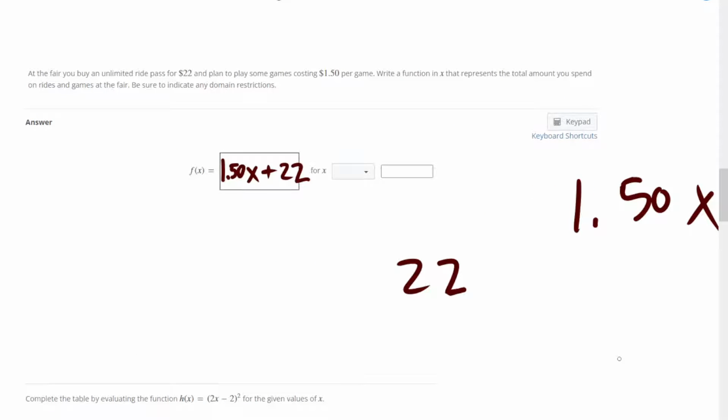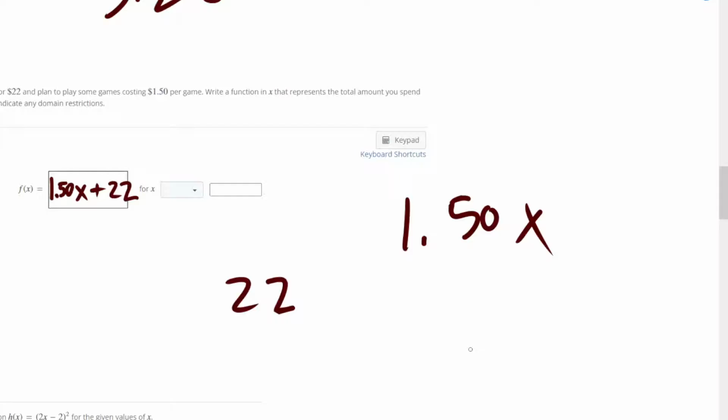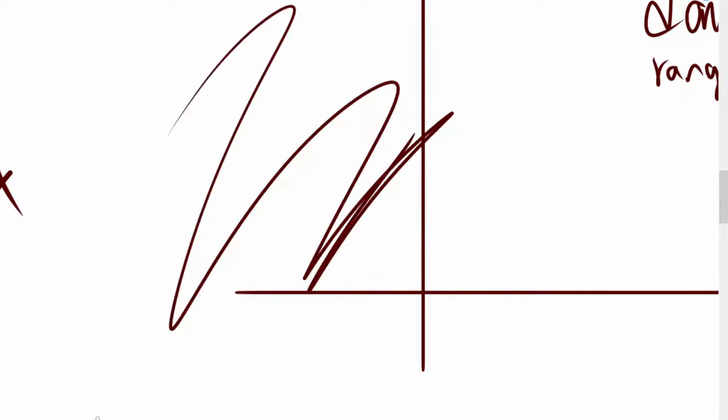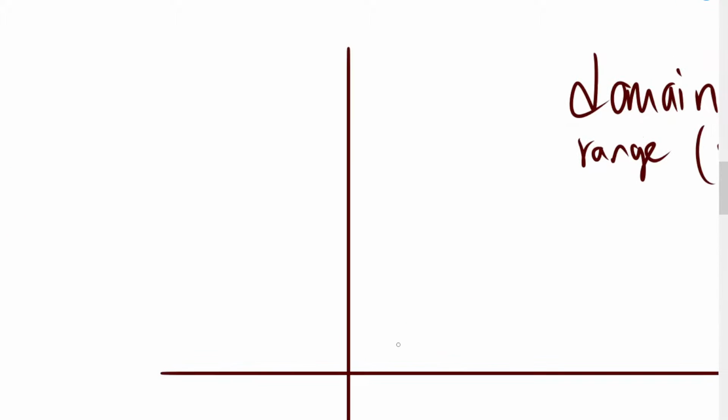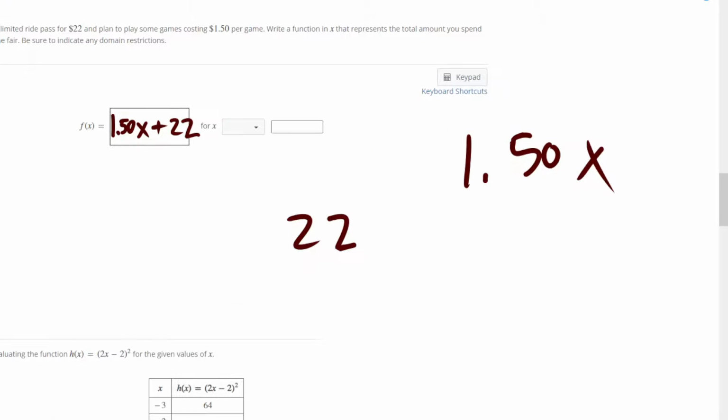You cannot play negative games. You will not get money for going backwards with the amount of games that you play because that doesn't exist. So we know that we cannot have any values that are negative here. We have to stay in this first quadrant. And it'll look like that. So x has got to be greater than or equal to 0 because you can play 0 games. You are allowed to play 0 games.